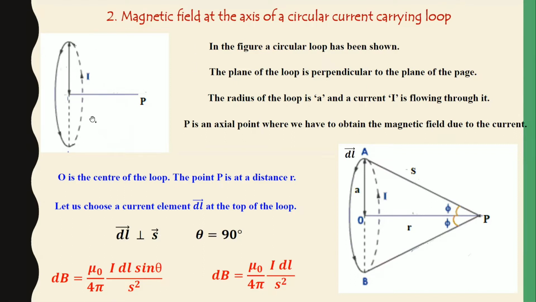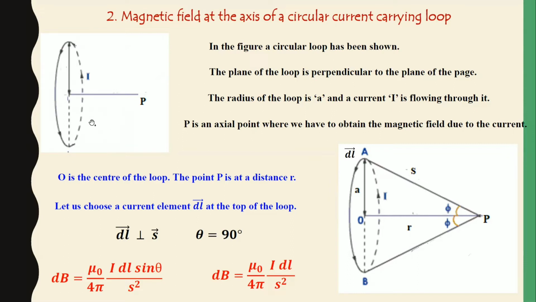That is, the loop is coming out of the plane of the screen. The radius of the loop is A, and the current I is flowing through it in this fashion. This is the axis of the loop, and P is the axial point where we have to obtain the magnetic field due to this current carrying loop.